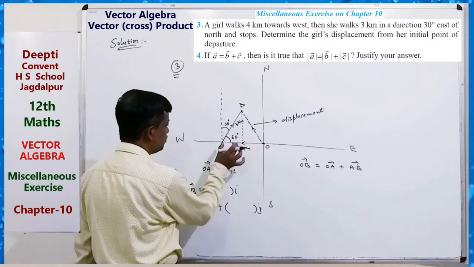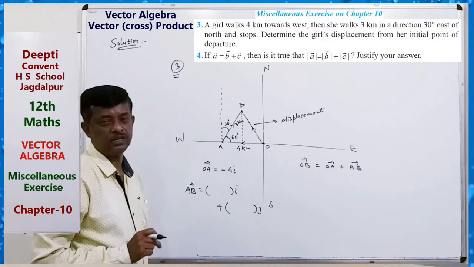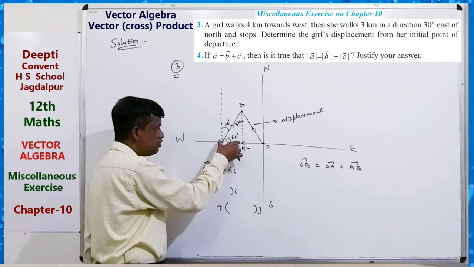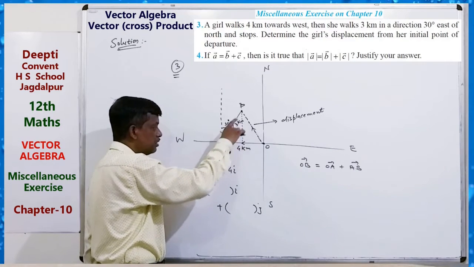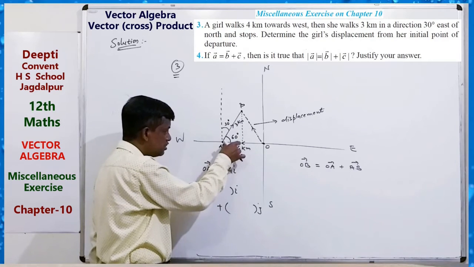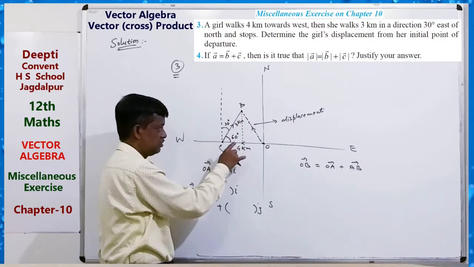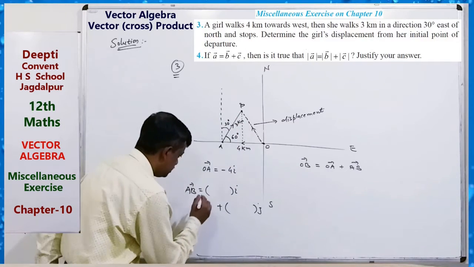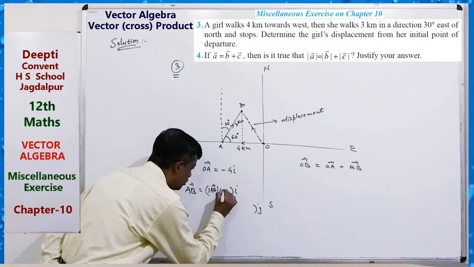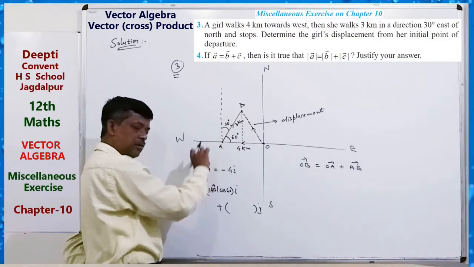Here the value is this. Cos 60 equals base by hypotenuse. So this equals mod AB cos 60. And sin 60 equals perpendicular by hypotenuse.